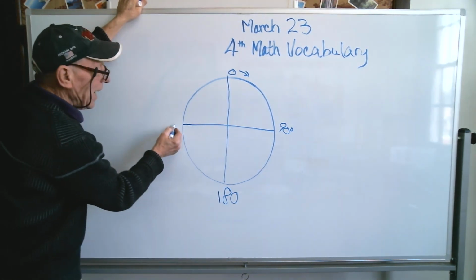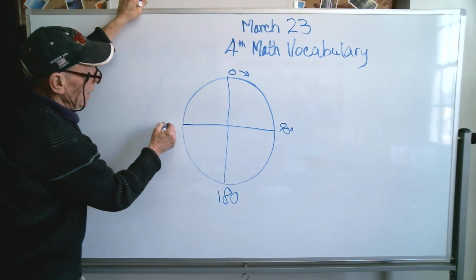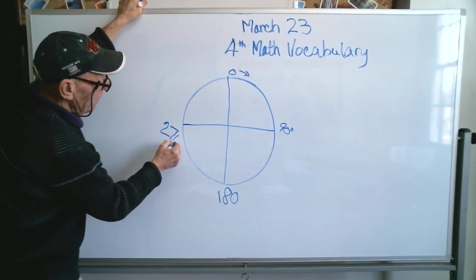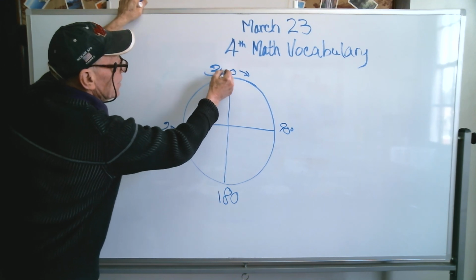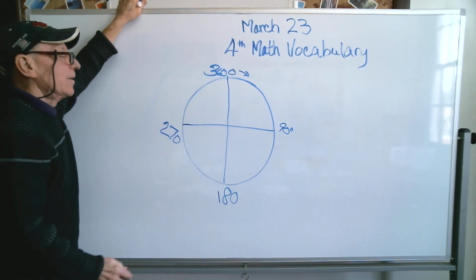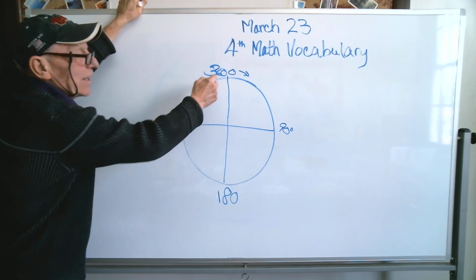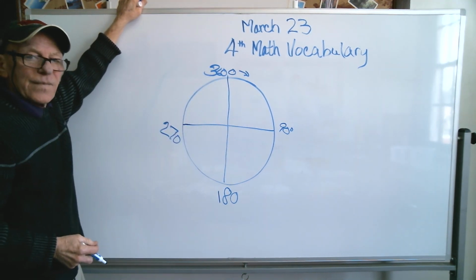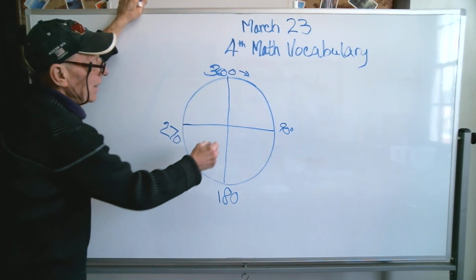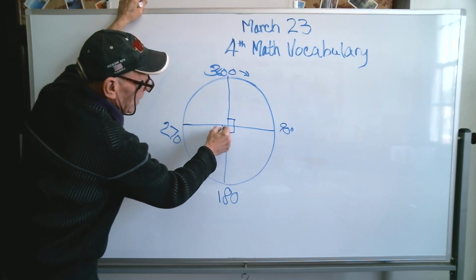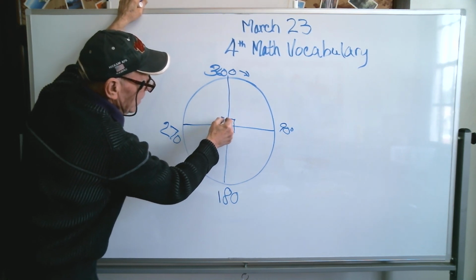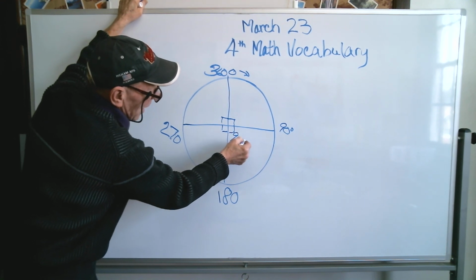You add another 90 degrees, it's 270. And if you add another 90 degrees, it's 360. 360 degrees represents an entire circle. And if you notice where the lines intersect, each one of these is a 90-degree angle.